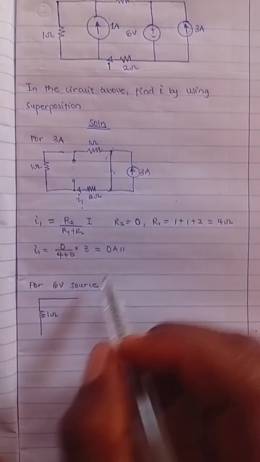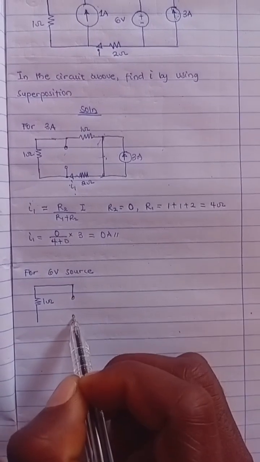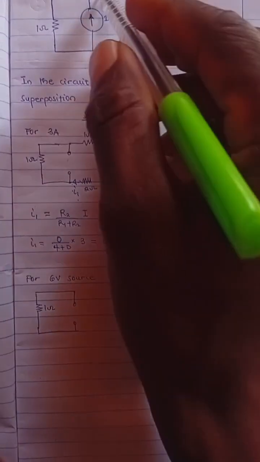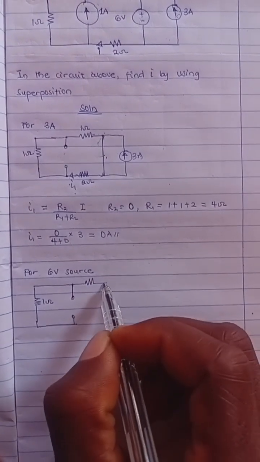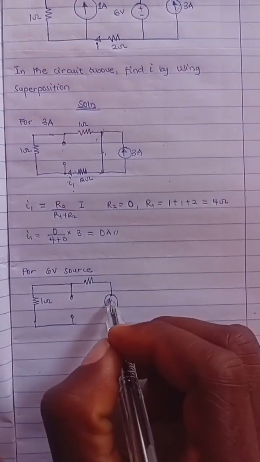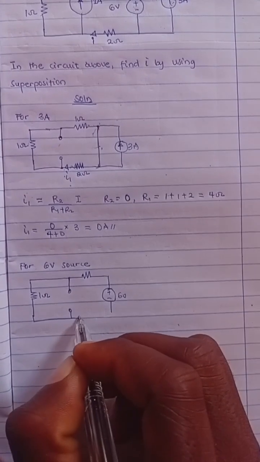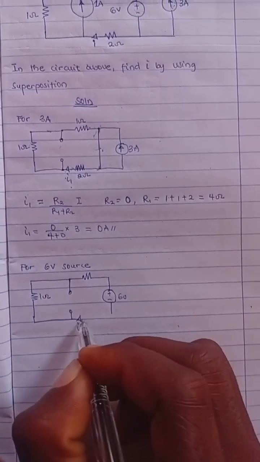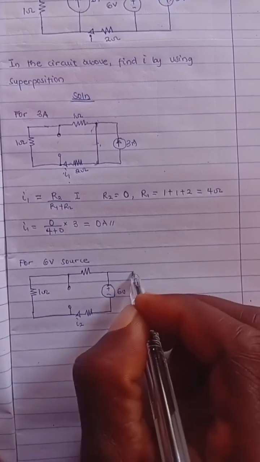Then since we are no longer concentrating on the 1 ampere current source, we replace it with an open circuit, right? Then you have this resistor here, and you have this voltage source. We want to concentrate on 6 volts, and your current in this case is going to be I2. Then your resistor is still there, right?